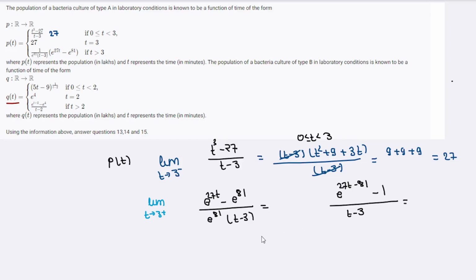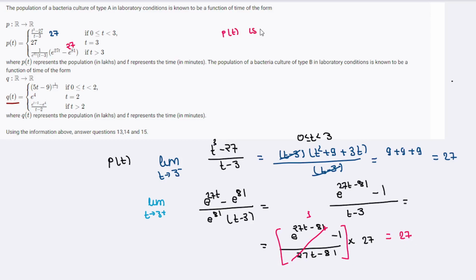So we will multiply the denominator by 27, it will be 27t minus 81, and in the numerator we will multiply it by 27. So this whole term will give 1, so it is also equal to 27. So p of t is continuous at t equal to 3.